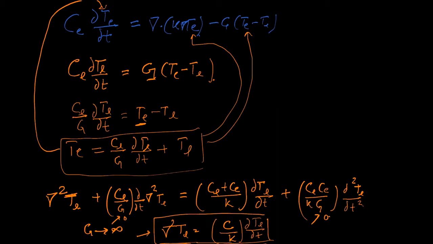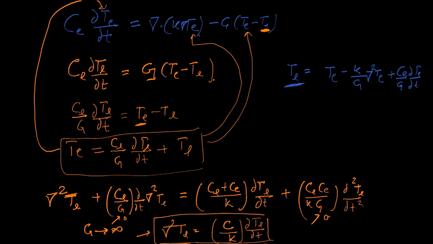Instead of writing it in this form, from this equation we could also determine T_l. If we just rearrange the terms, T_l equals T_e minus K over G gradient square of T_e plus C_E over G ∂T_e/∂t.